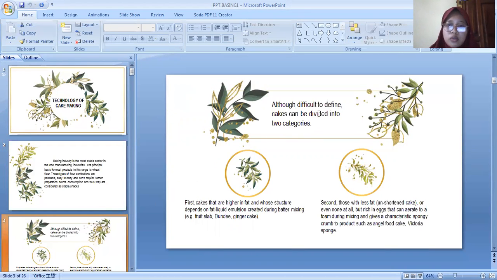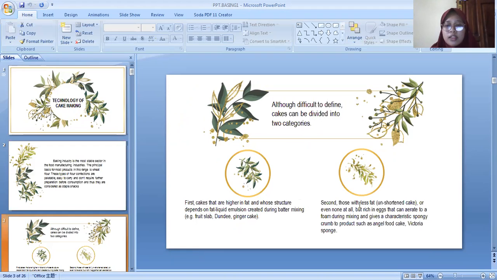Although difficult to define, cakes can be divided into two categories. First, cakes that are higher in fat and whose structure depends on fat liquid emulsion created during batter mixing, like fruit slabs, Dundee, ginger cake.